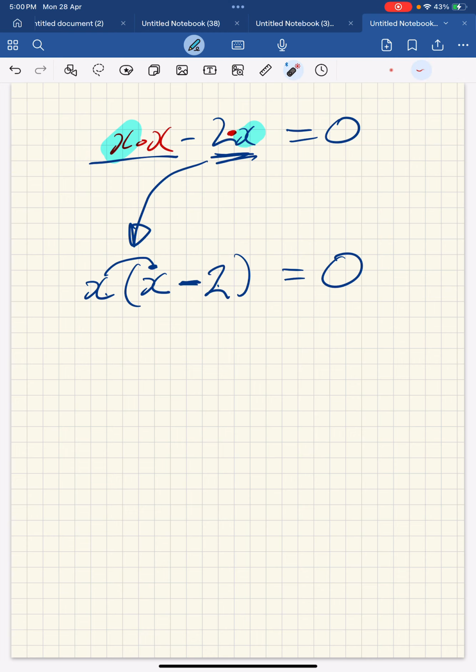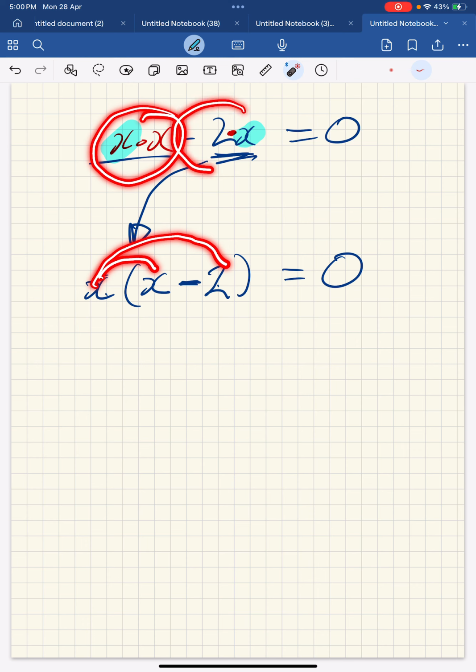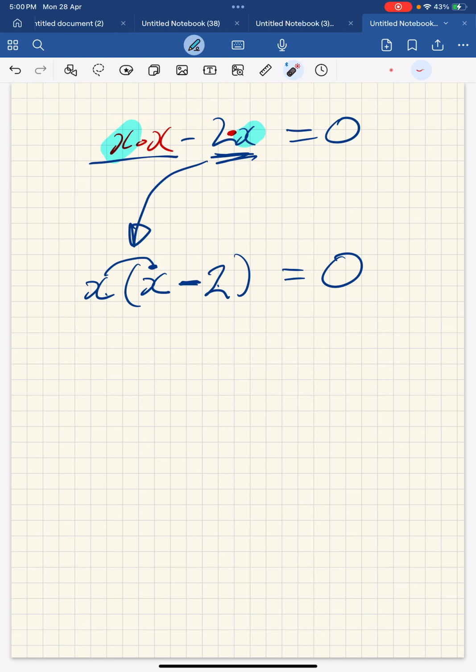Just test it out, make sure that that works. Make sure you factorize. So factorized means put into brackets. x times x gives me the x squared. x times the negative 2 gives me negative 2x. All right, so that's it. We have got this amazing position now where we can go ahead and solve this equation, because all we have to do is let's make the first part equal to 0.